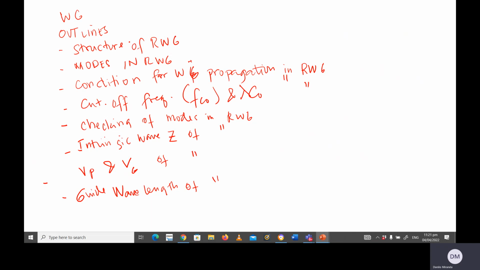Of course, they're interrelated. Then we're going to check the modes in rectangular as well as in circular. Then intrinsic, siyempre transmission line niya, may impedance yan. And then we have the phase velocity and the group velocity and the guide wavelength.